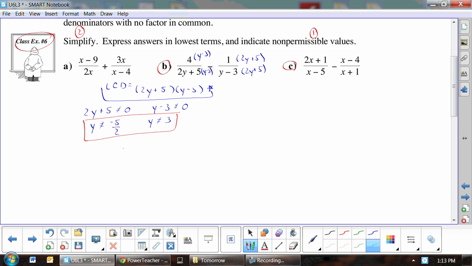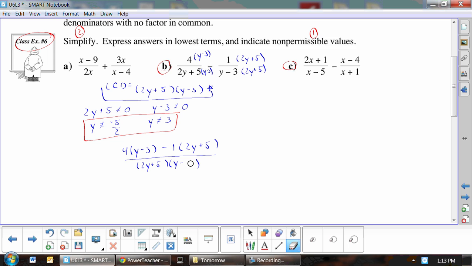So we get 4 times y minus 3, minus 1 times 2y plus 5, and then like that. Okay? So then from here, we can distribute that 4 and distribute that negative 1.